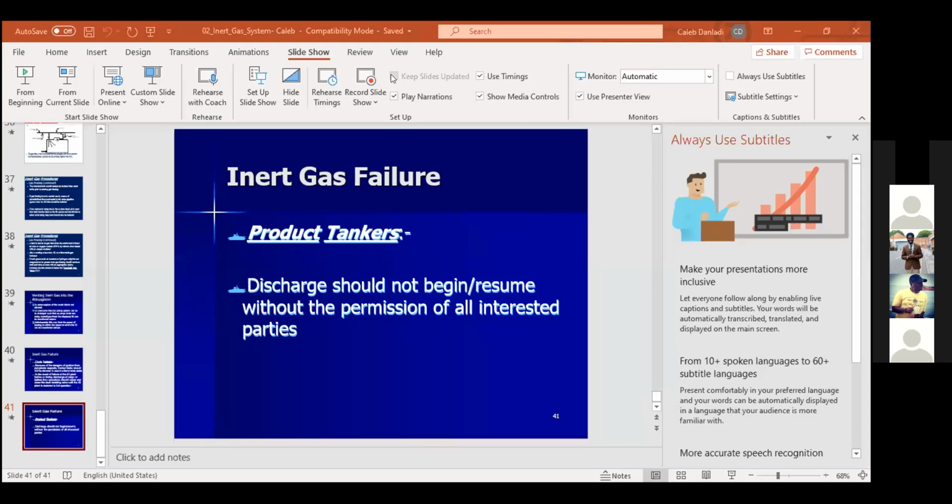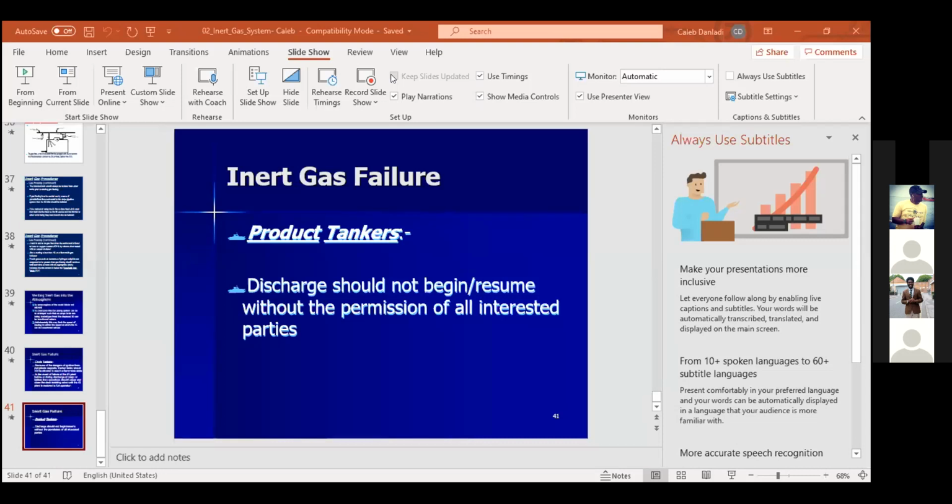Good evening, Captain. Actually, it's not a question, mine is a contribution. During the course of the lecture, Captain Danladi was talking about the times when you require the inert gas, and he said during transit.